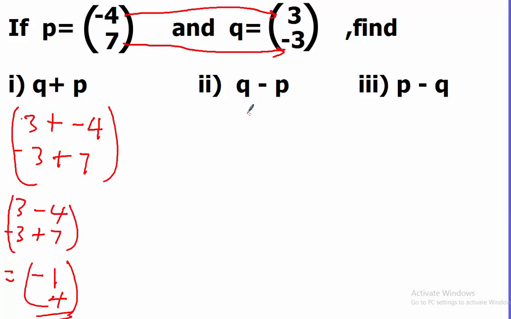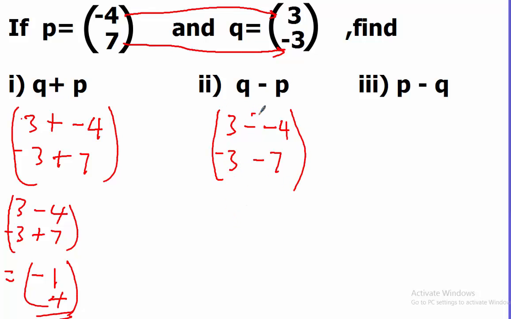Let's check the second one, which is q minus p. The values of q again are 3, negative 3, minus p, that's minus negative 4, then this is going to be minus 7.